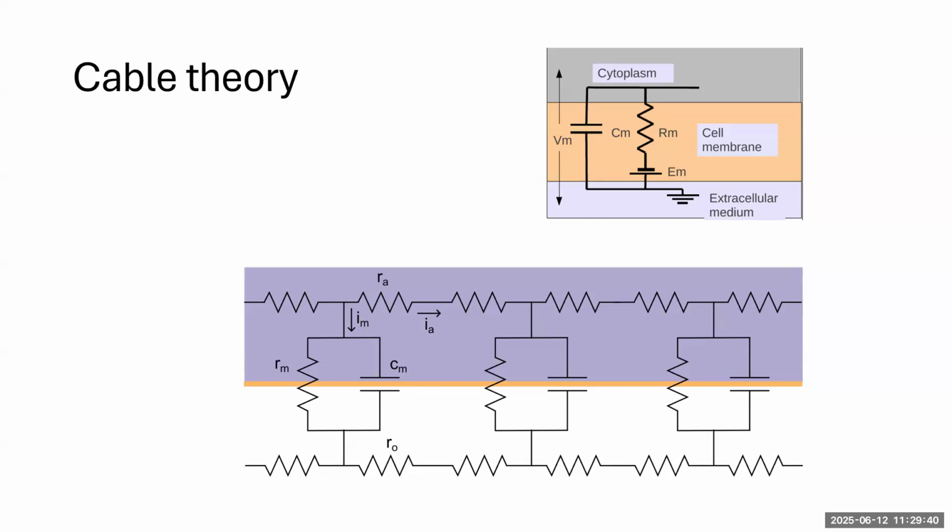Then moving this forward, and we can simplify these two components by calling this one lambda and calling this thing tau.